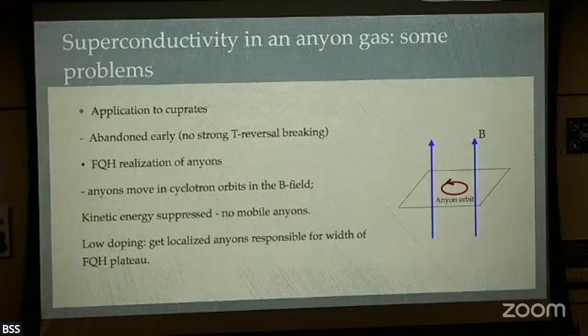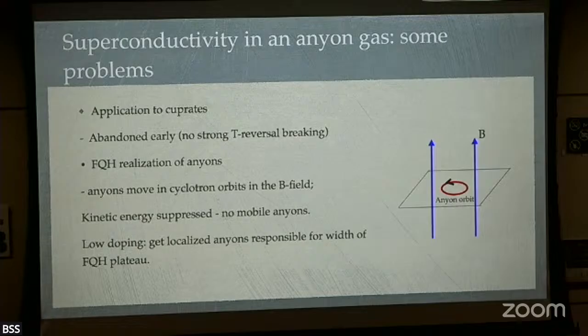Okay, so let me describe what the status was in one slide. It was inspired by the cuprates, and it was abandoned early because there's no strong signature of time reversal breaking. People did experiments, found no strong T breaking, and then said that's not relevant, let's move on. Now, forget about cuprates. We know that there's fractional quantum Hall, which has anyons.